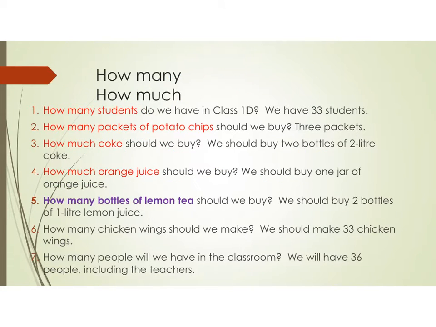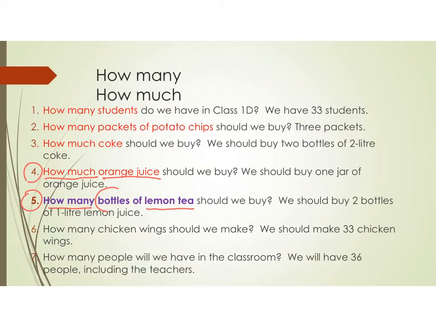Then someone may ask, hey, Miss Lai, how about number 4 and number 5? In number 4, we talk about orange juice. We use how much. But in number 5, we talk about lemon tea, but we use how many? Why? Yes, because this time we use the word bottles.